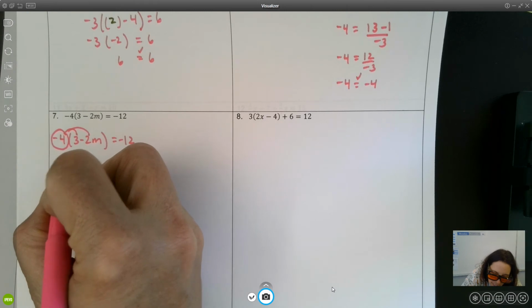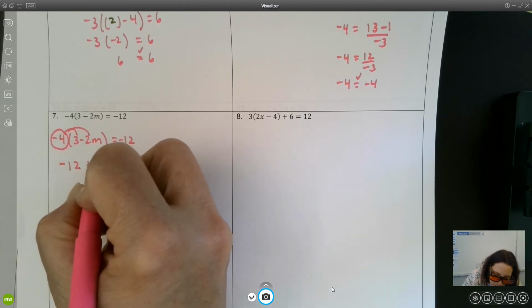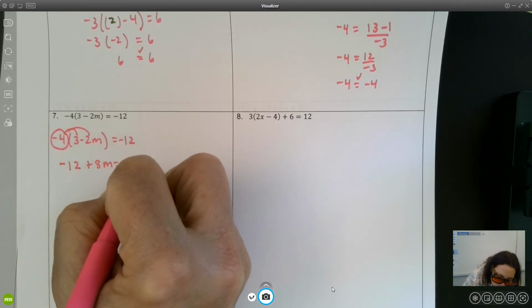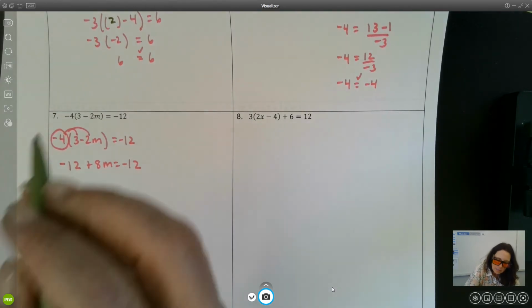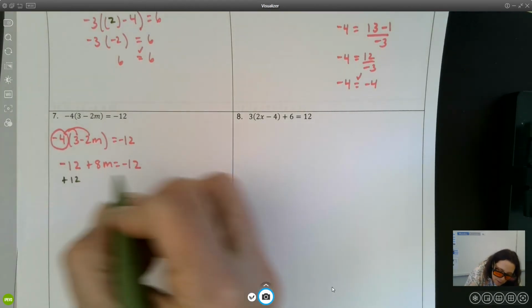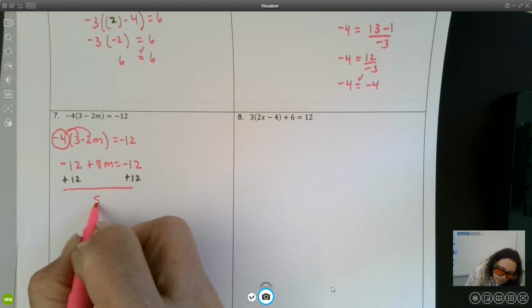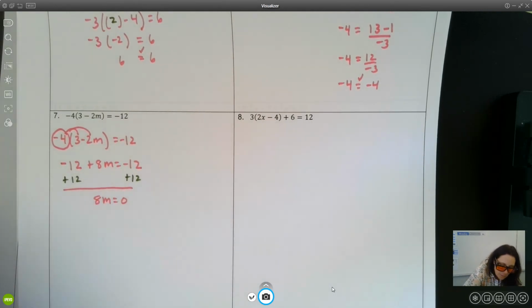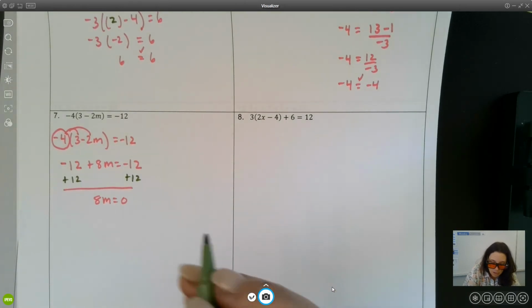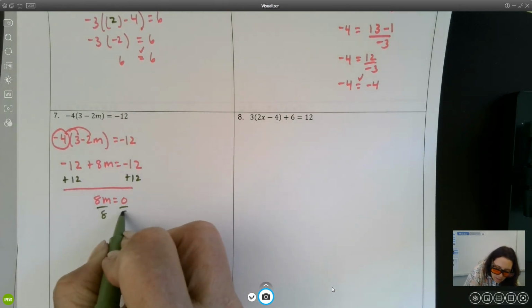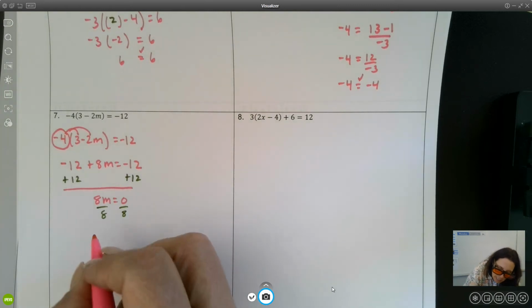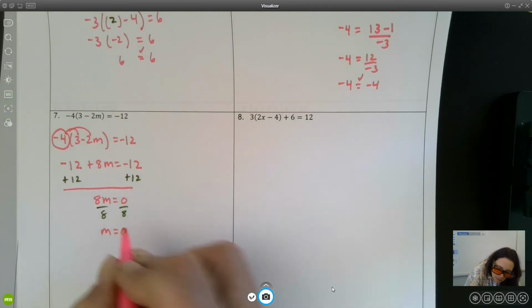That would leave us negative 12 plus 8m equal negative 12. Now, if we add this 12 here and here, we get 8m equals 0. We're going to take an eighth, or divide by 8. 0 divided by 8 is 0.